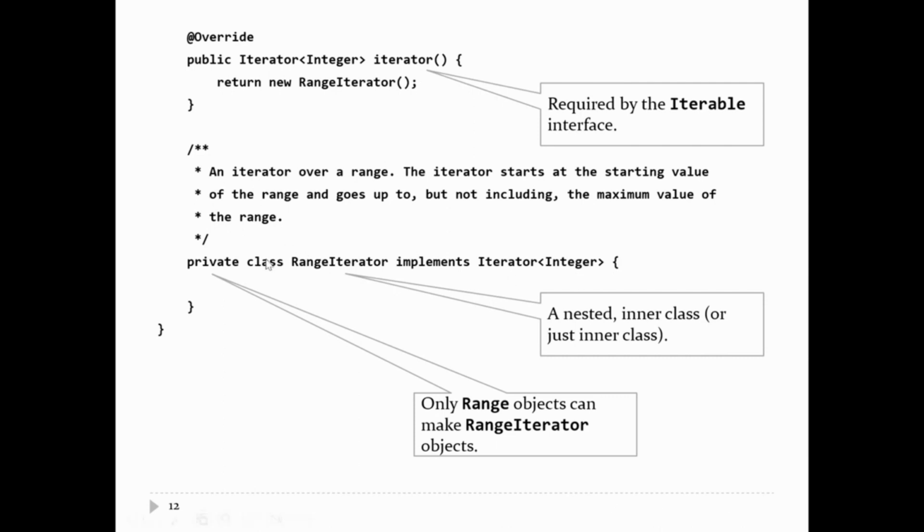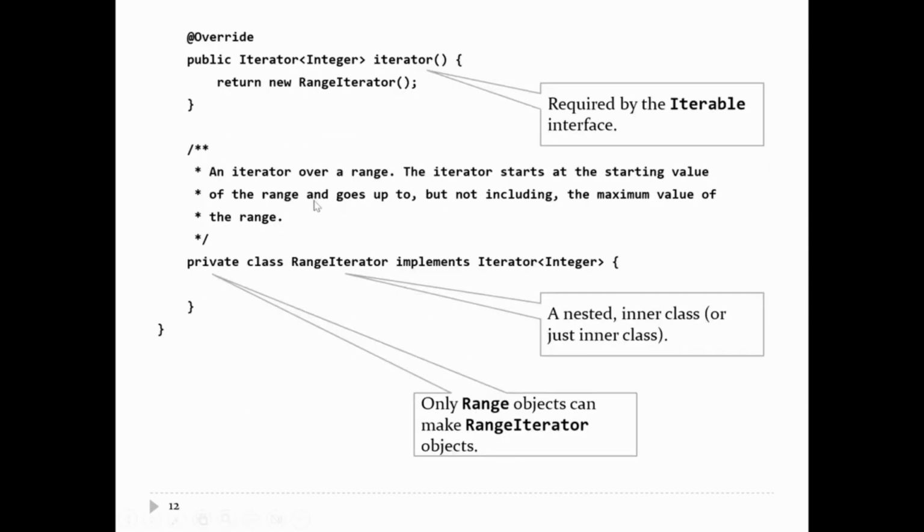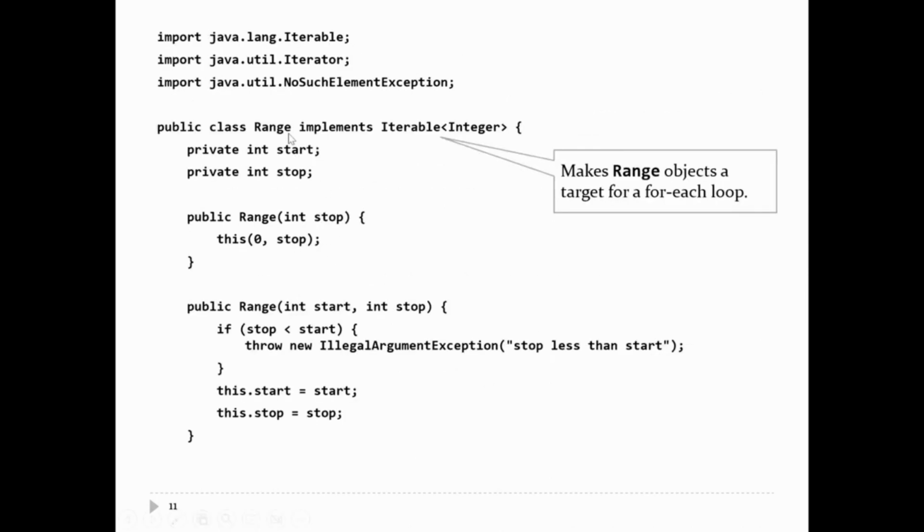Whenever you see a private inner class, what that's trying to tell you is that this class is something that's implementation specific to the outer class. In this case, it's saying that this range iterator class is only useful to the range class, and therefore no one else needs to know about it.